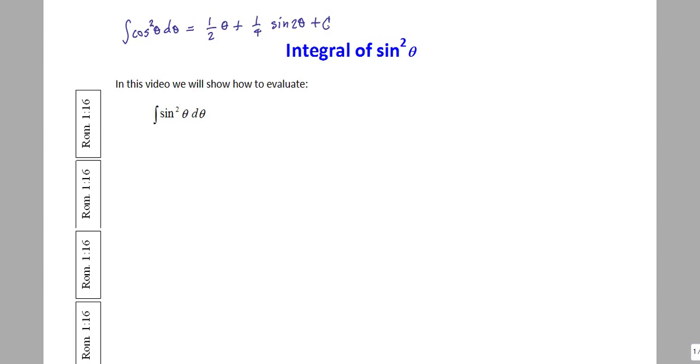The reason why that helps us is simply because of this. The integral of sine squared theta d theta can be written as the integral of 1 minus cos squared theta d theta. And I hope you'll appreciate that when we distribute, this is going to be the integral of d theta minus the integral of cos squared theta d theta.